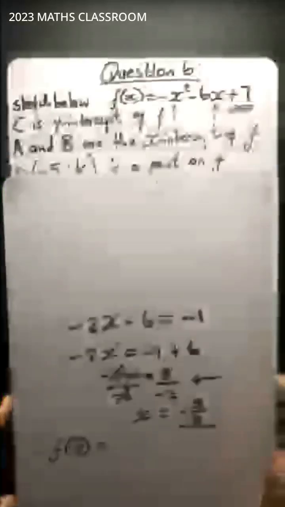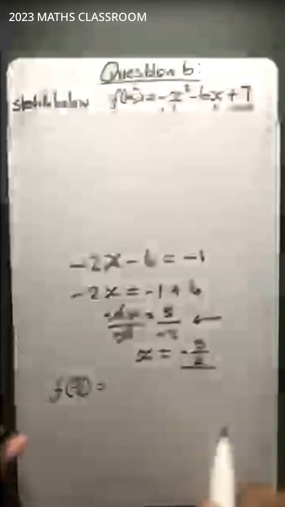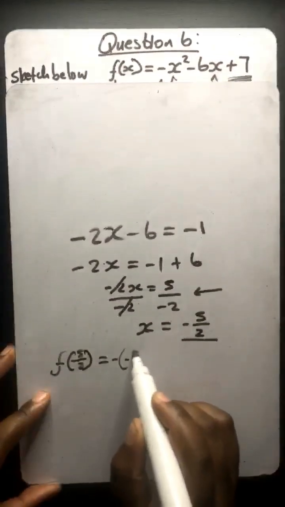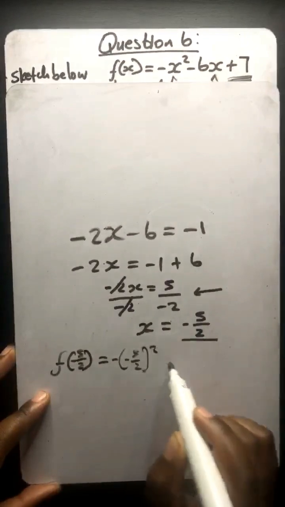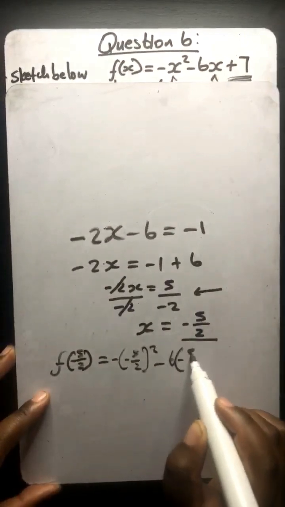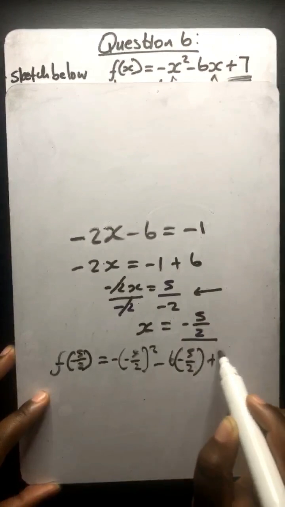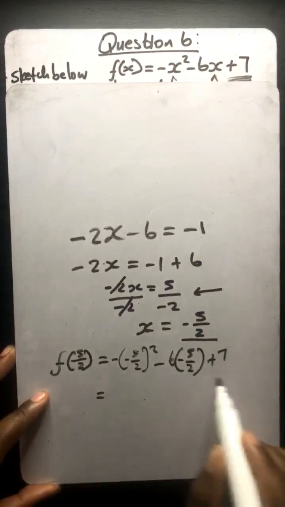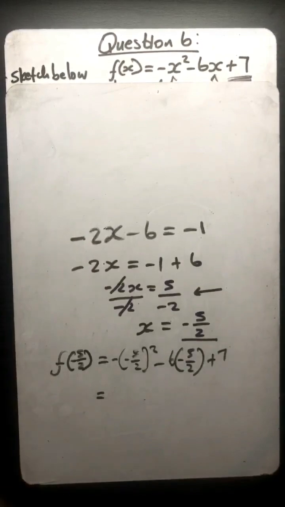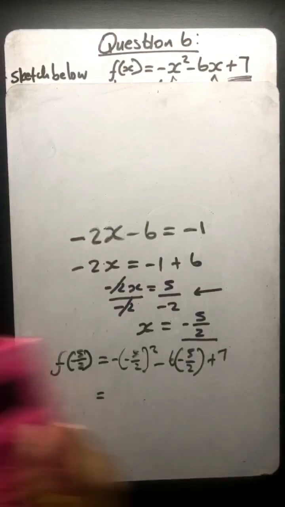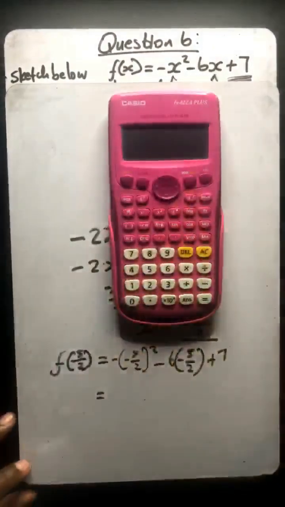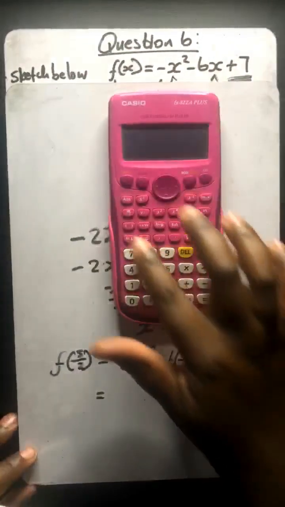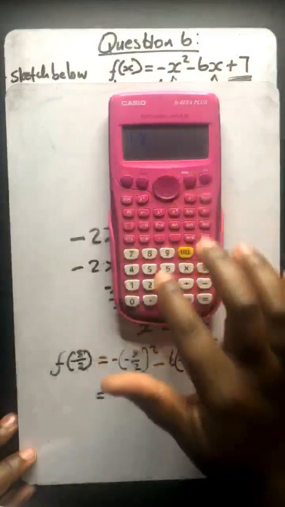Then all you do is substitute into that formula. So you have negative negative 5 over 2 squared minus 6 times negative 5 over 2 plus 7. Then you can punch all of that on your calculator and you get an answer. I'm not sure if there's someone who's got an answer. Let me see, anyone who's got an answer?